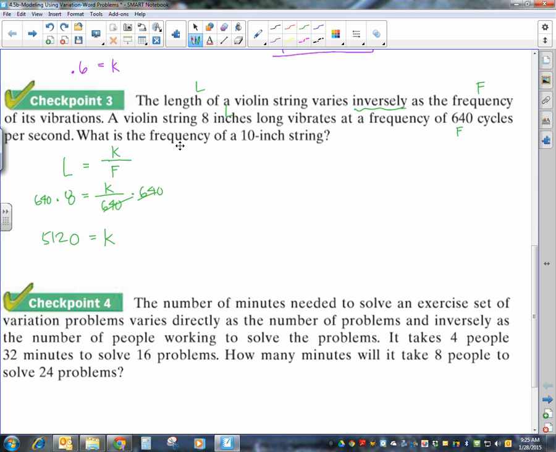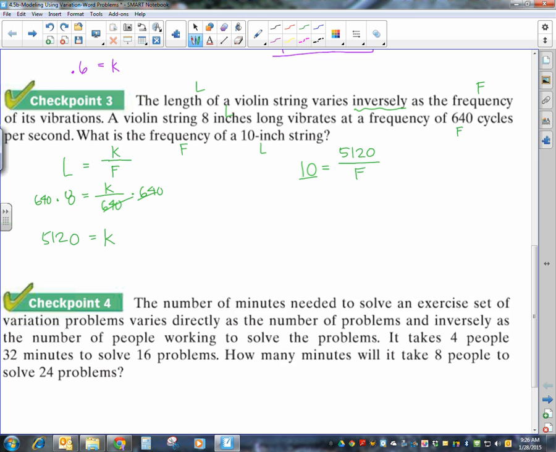It asks what is the frequency of a 10-inch string. Inches is my length. So I'm going to go back to that original equation. They're asking me for frequency, which means I know L is 10, K is 5120, and they're asking me for the frequency.